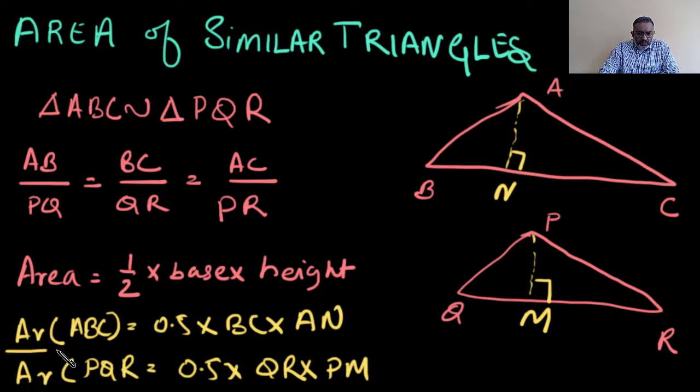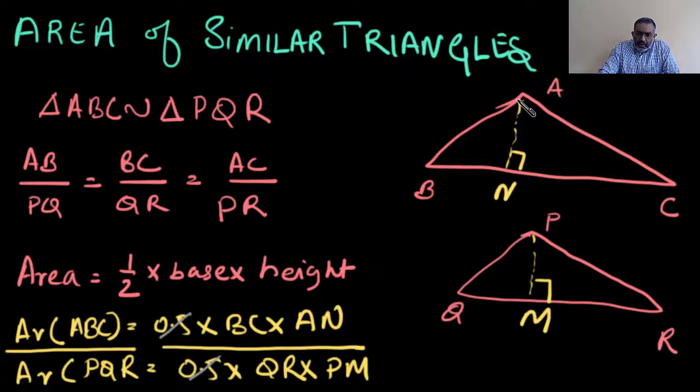Right? So if we were to do this, the ratio of the area is the ratio of these two expressions. Now let me just use a different color. So this 0.5 and this 0.5 would cancel each other, and you get these two pieces, BC by QR times AN by PM.